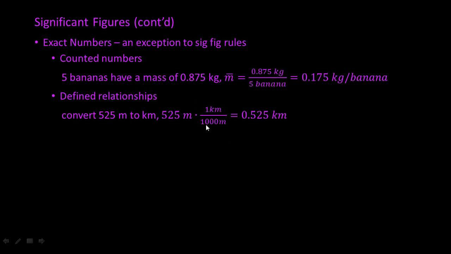So when we do the math, our answer, 0.525 kilometers, should be to the same sig figs as our starting quantity, 525 meters. So some other examples of defined relationships: if you were going to the gas pump and the price of a gallon of gas was $2.49.9, that would be an exact number because we're defining the price.